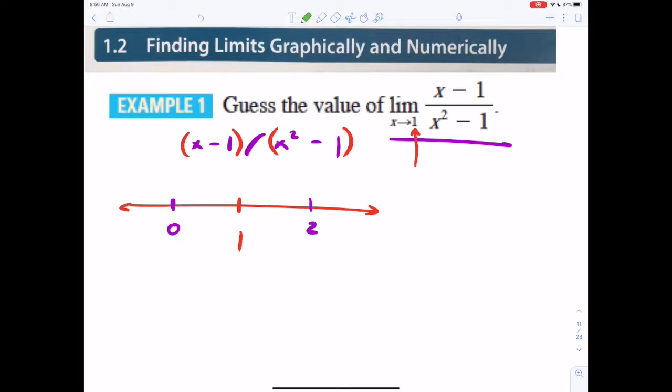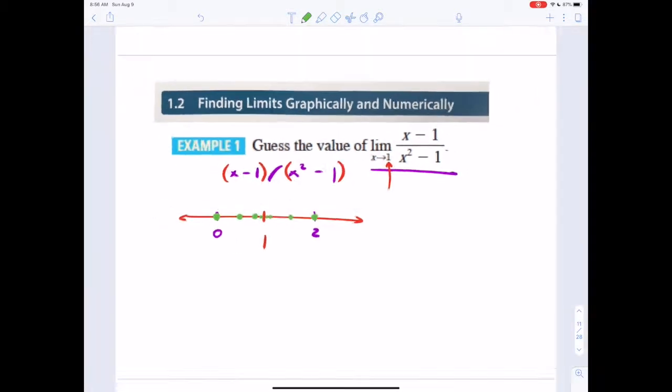So if you're approaching 1 from the left, a good place to start is probably 0, and then maybe 0.5, and then 0.9, and then 0.999, and so forth, right? If you're approaching 1 from the right, you should probably start at 2, and then maybe 1.5, and 1.1, then maybe 1.01, or maybe 1.001.